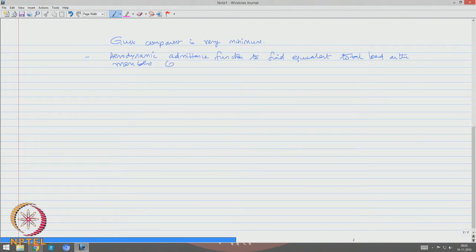So, to account for the spatial variation and time, we also said that the gust component variation is very minimum. Hence, people use what we call the aerodynamic admittance function to find the equivalent total load on the structural members caused by wind.